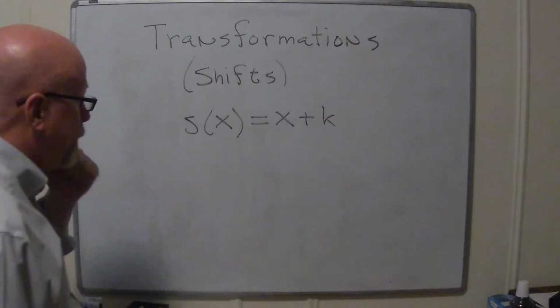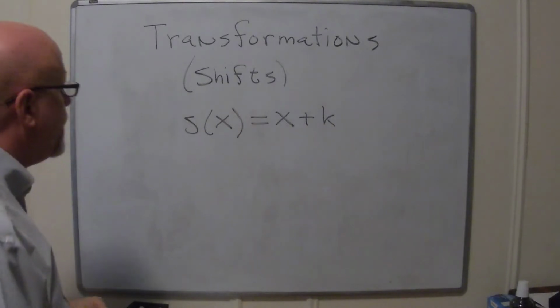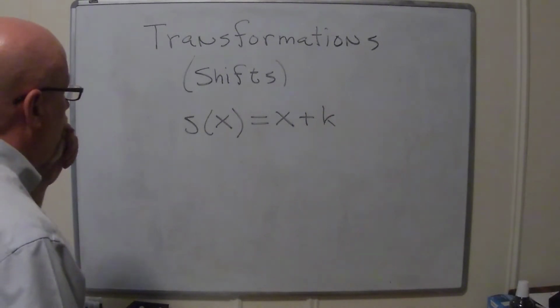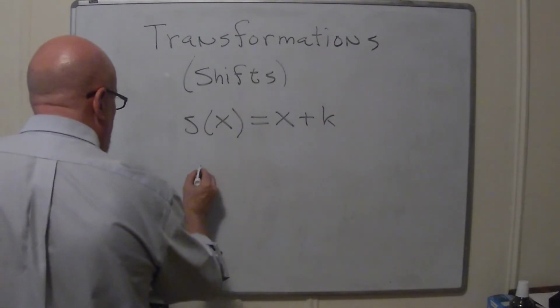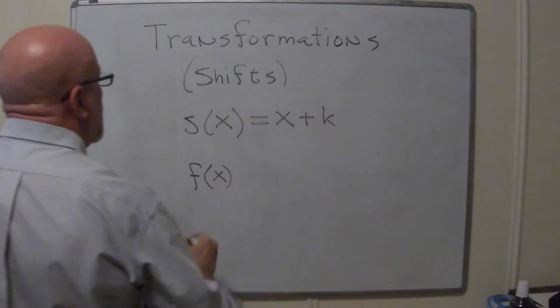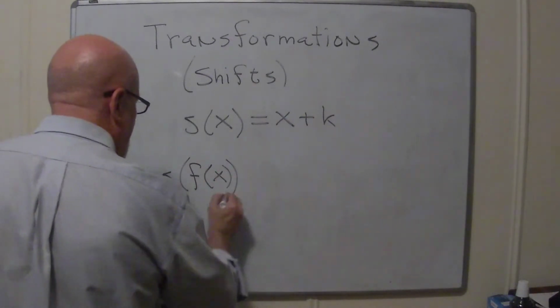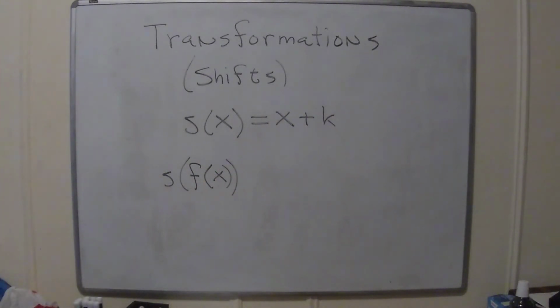Now that's actually combining our identity function and the constant function, adding them together. All right, so given a particular function f of x, if I then do this to it, what is the effect of that?